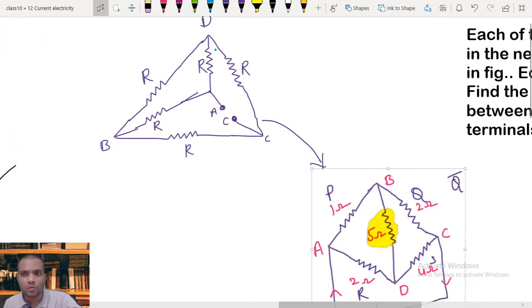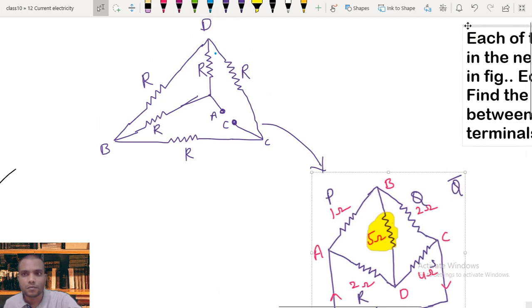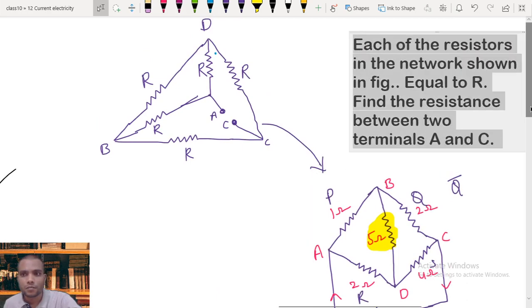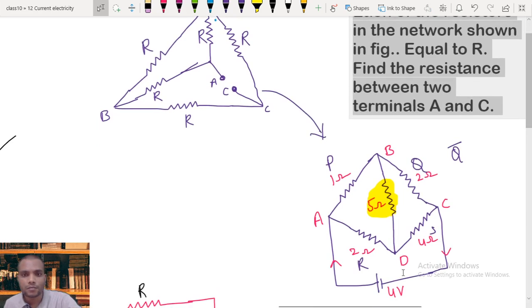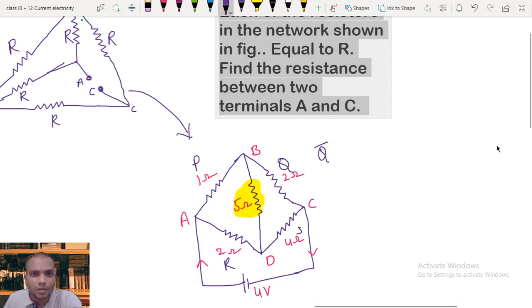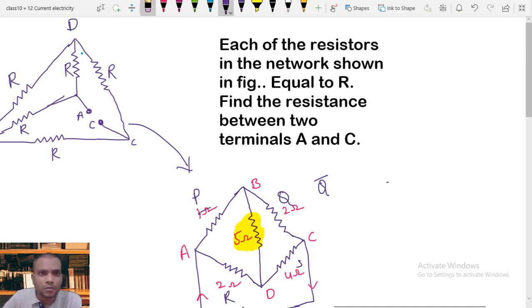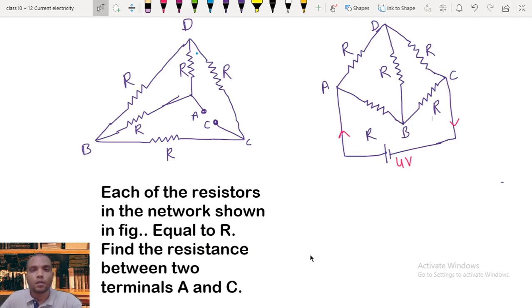Here the problem is easy because all that are given are only resistances. Now this circuit is turned into our known Wheatstone bridge circuit.